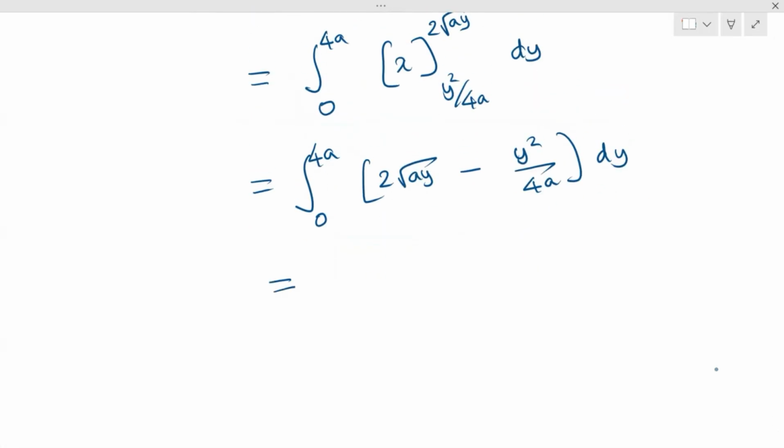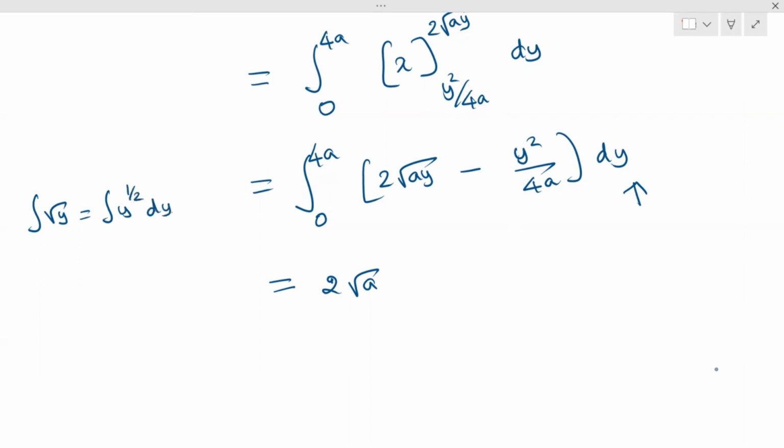Now we have to do the integration with respect to y. Okay, 2 root a is constant. What is the integration of root y? Root y is nothing but y power 1 by 2.